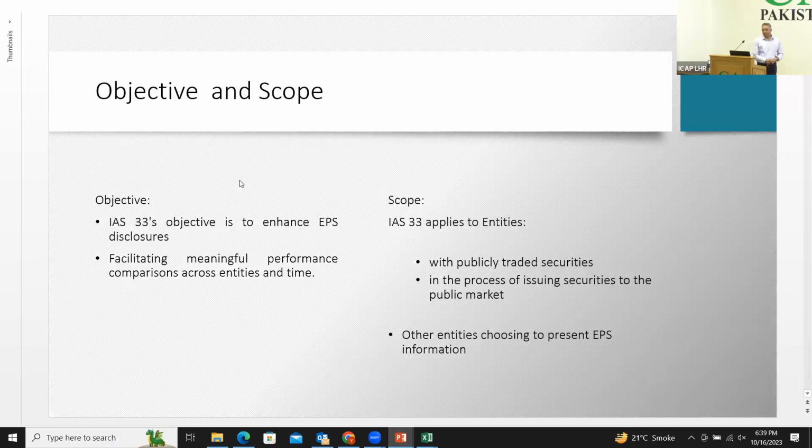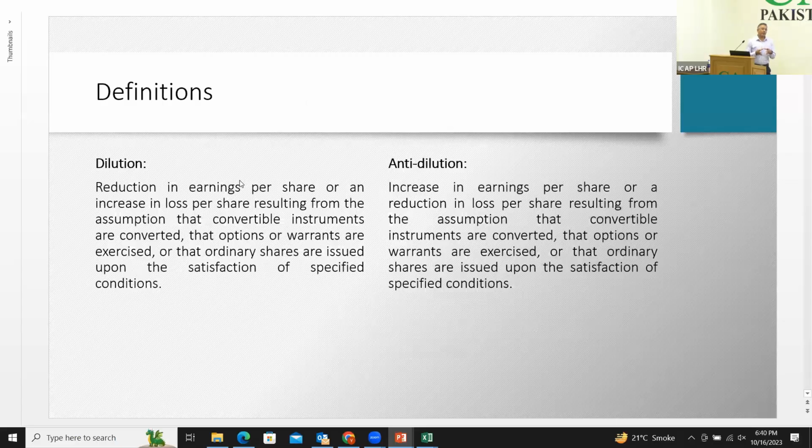What is dilution or anti-dilution? Sometimes the entity may have entered into certain contracts to issue shares, and those contracts to issue shares may be dilutive or anti-dilutive in nature, as EPS is calculated as basic EPS as well as dilutive EPS.